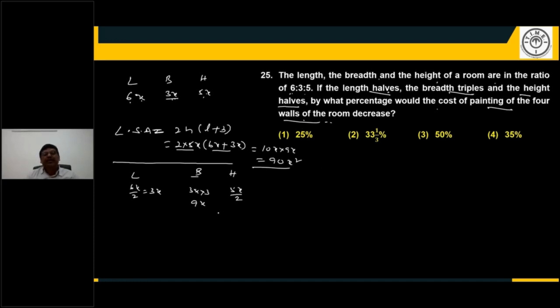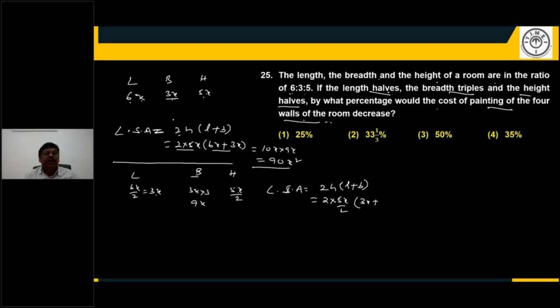Now, students, what is the lateral surface area formula? You said 2h into L plus B. Students, 2 into h is 5x by 2, into L plus B. L is how much? 3x.